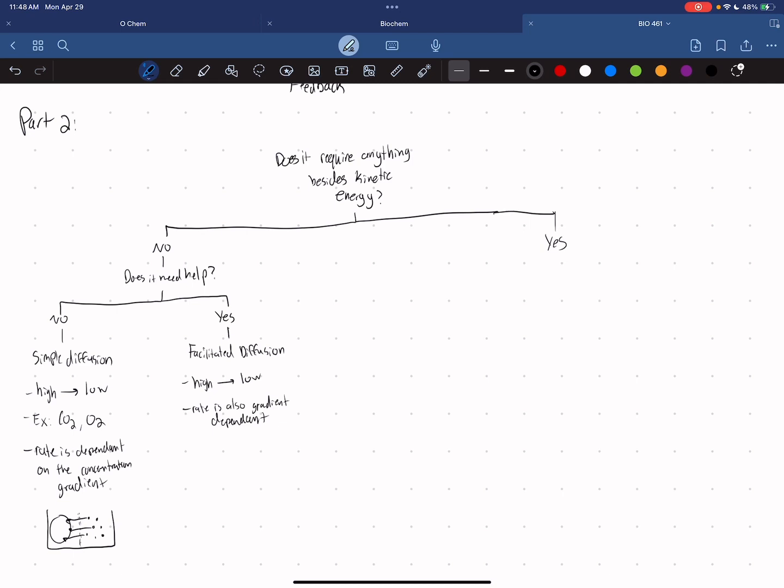When thinking about facilitated diffusion, it helps to know that different things are required in order to carry out this diffusion. So we have different types of channels. First, we have pores, which are also things like leak channels.